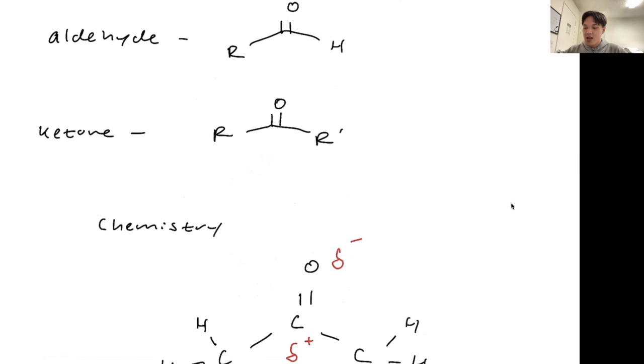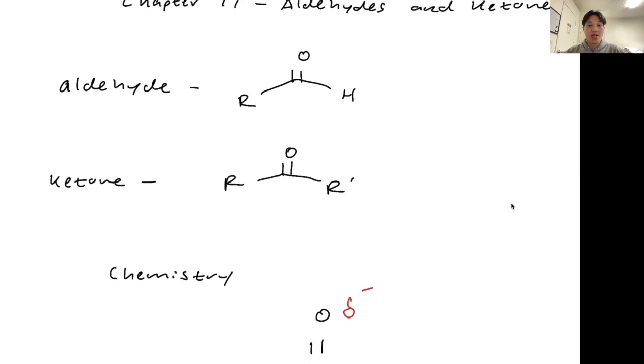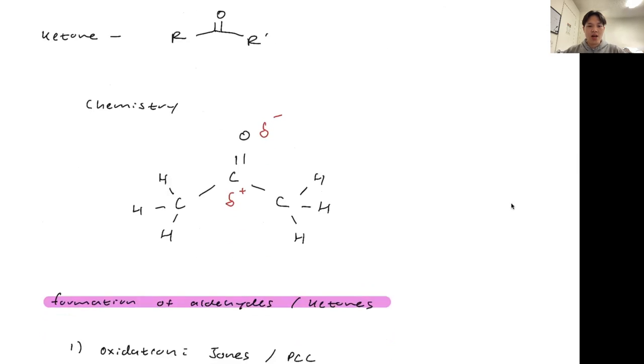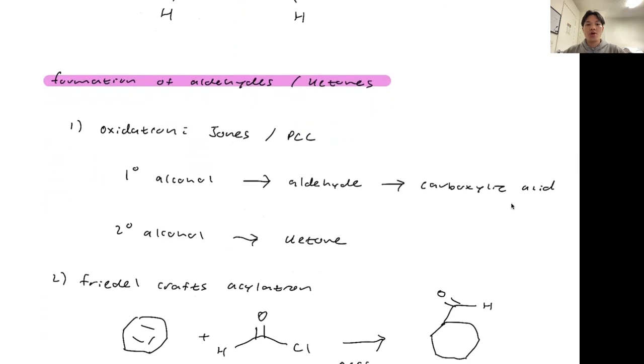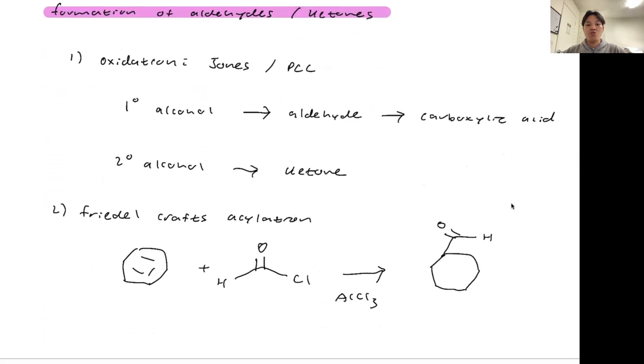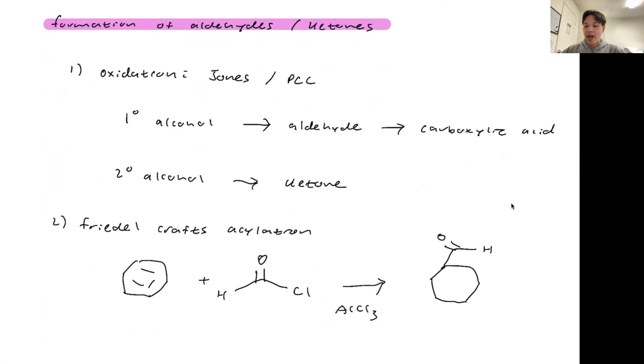But first, knowing about aldehydes and ketones, we have to know how to make them. There are two different ways of making them right now. First off, you have oxidation. If you remember, this is from 40A. You have a primary alcohol, something that looks like this, where it's bonded to a bunch of hydrogens.